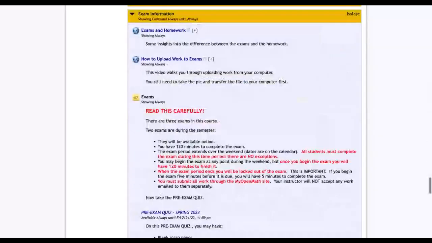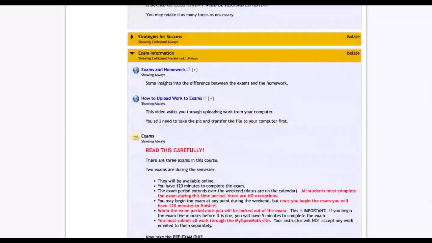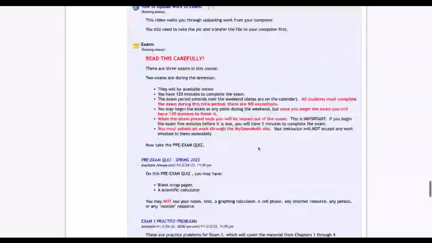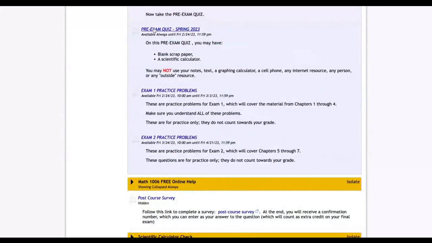How nice is that? Exams and homework. Pre-exam quiz, practice problems. You have all this to help you succeed in every exam.